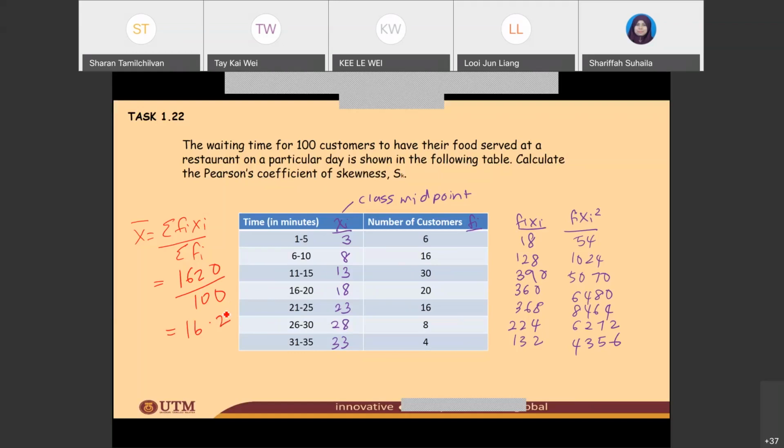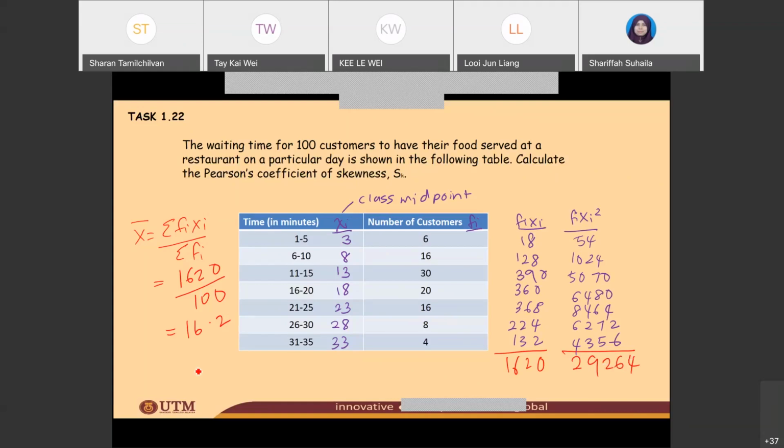Okay, and then the same thing, you find your standard deviation. The total first. Okay, 29264.